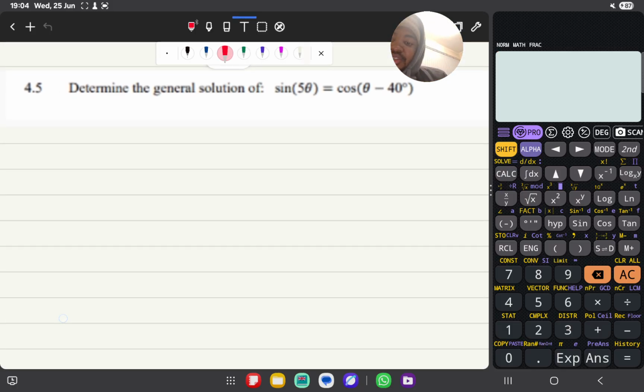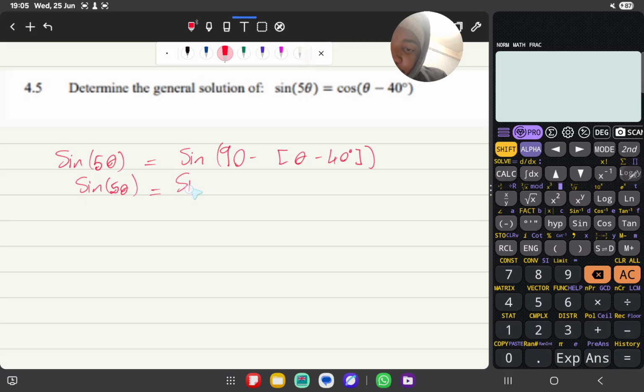If we turn cos into sine, that means you have sine 5 theta equals sine of 90 degrees minus theta minus 40 degrees, which is sine 5 theta equals sine of 90 plus 40 degrees minus theta, so sine 5 theta equals sine of 130 degrees minus theta.